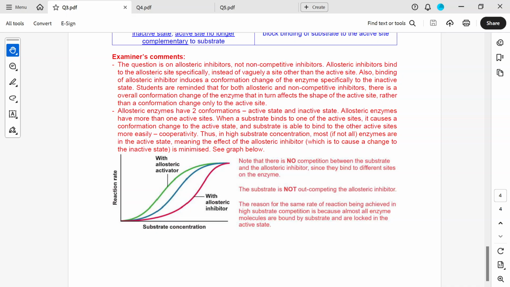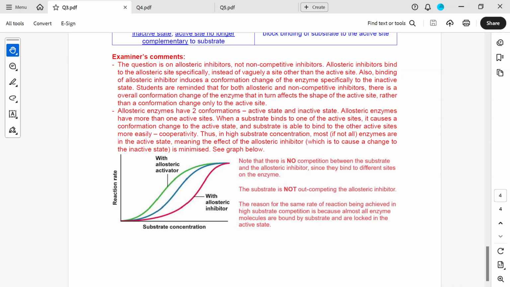So if most or all of the enzyme molecules are in the active state, then the allosteric inhibitor has no effect. That's why the Vmax can still be reached at higher substrate concentration.